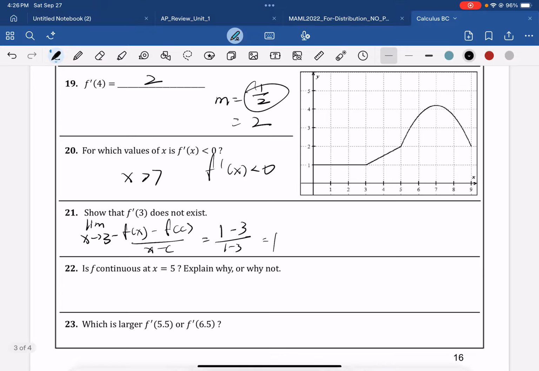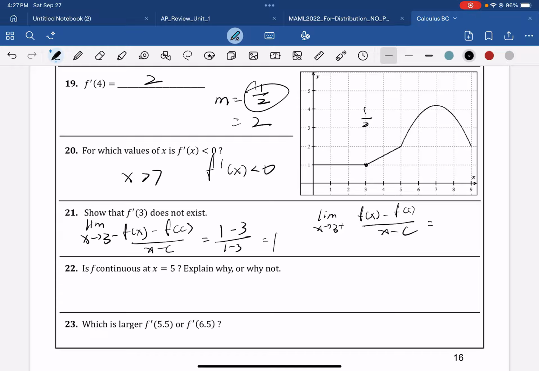So for the next one, we take the limit as x approaches 3 from the right hand side. We plug f of x into it. For this one, the slope is a half for sure, and then we have to figure out the y-intercept. So we plug 3 into the function.